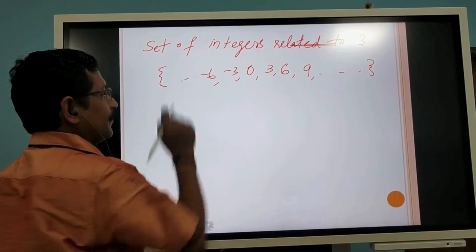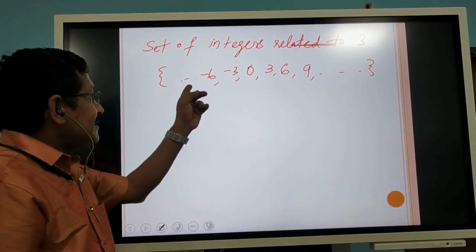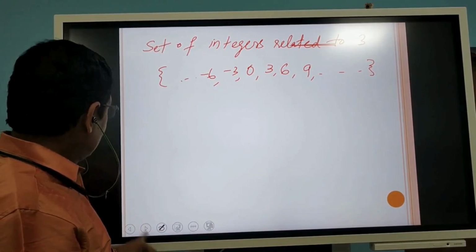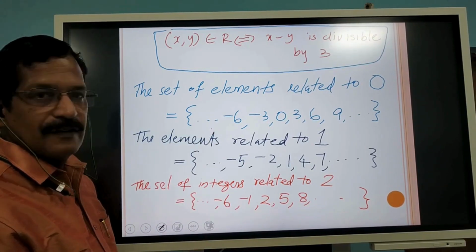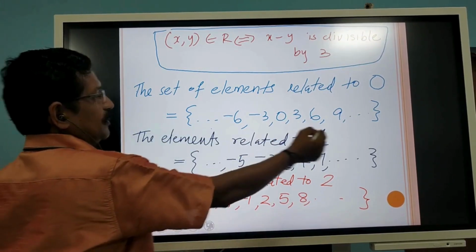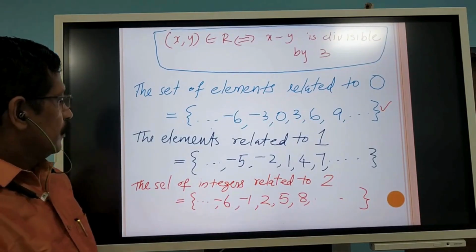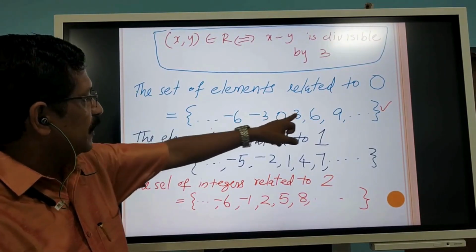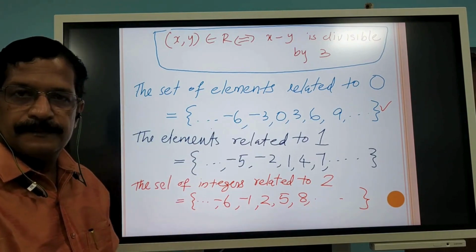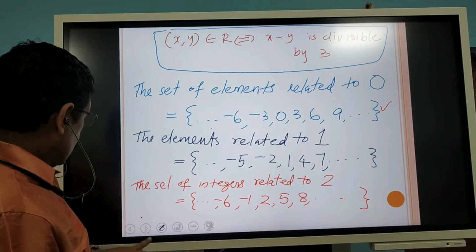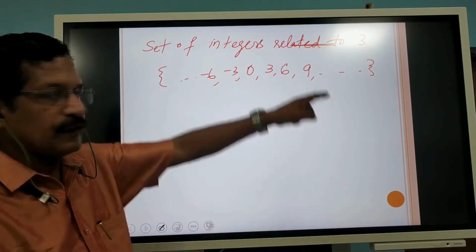We are getting this. Dear children, check this set and this set. Here also 0, 3, 6, 9, etc. And what about here? Here also the same.